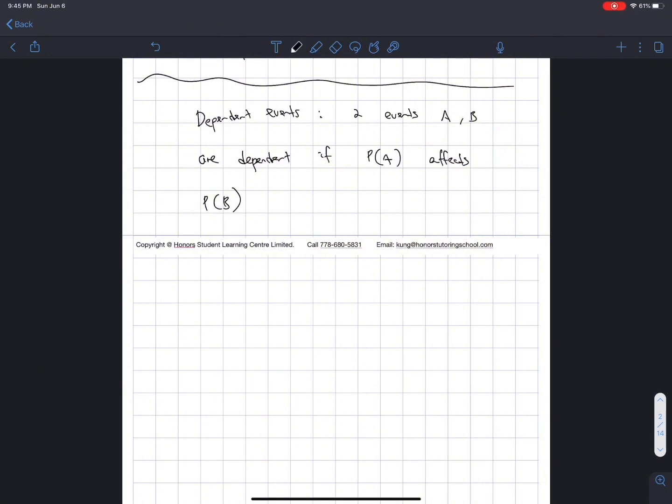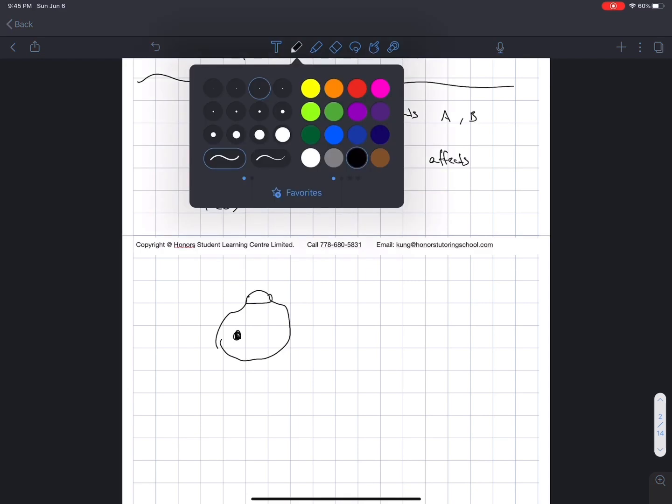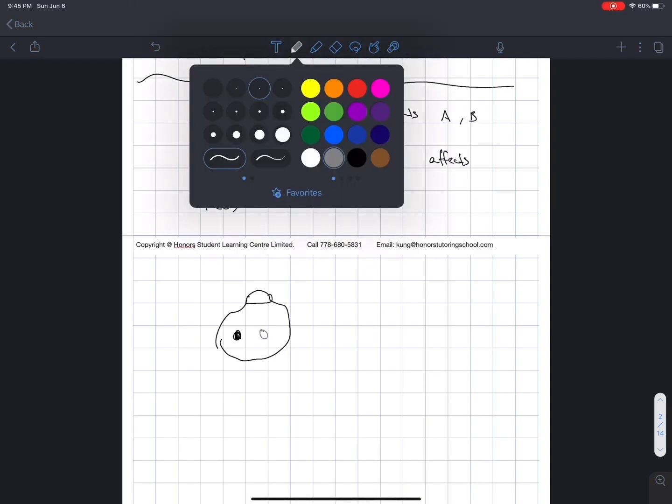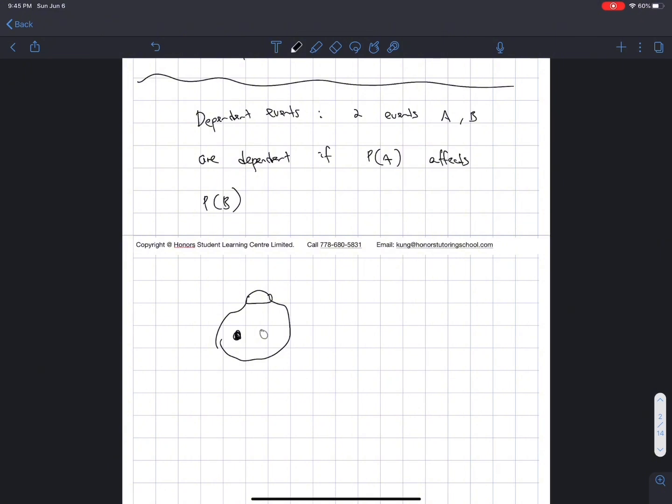So if we have a bag containing a black and a white marble, there's a bag, and then there's a black and a white marble inside. So we can analyze the possible outcome.